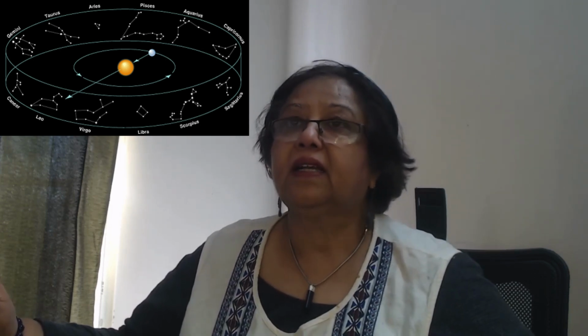Now, let's see. The tropical works with signs. The sidereal works with observable planetary transit among the constellations. The sidereal takes into account the precession of the equinoxes, which means it recognizes the positions of the constellations shift over time due to the Earth's wobble.